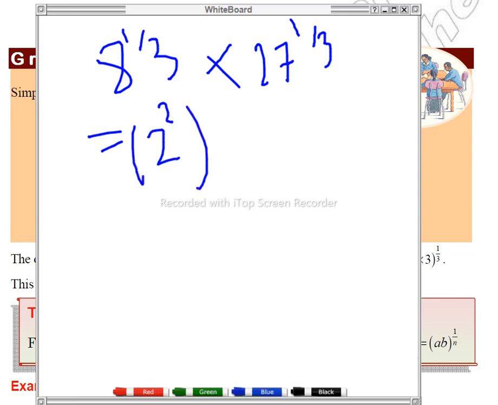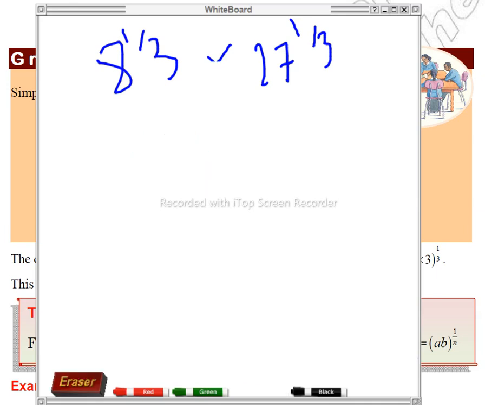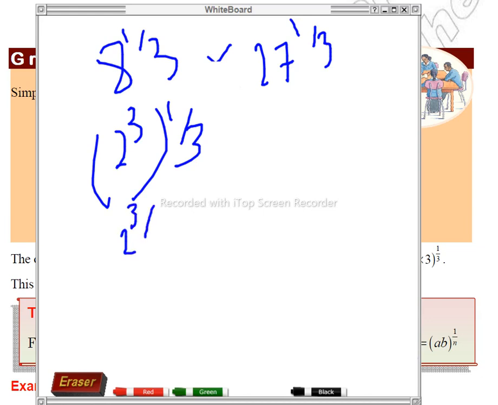Sorry, let us say again: 8 means 2 to the power of 3, the whole again to the power of 1 over 3. As you know, this is the same as 2 to the power of 3 over 3. So 3 is cancelled by 3 and is equal to 2. It means like this.